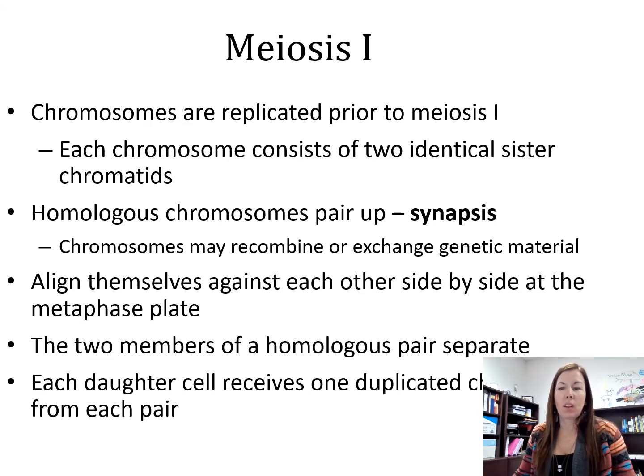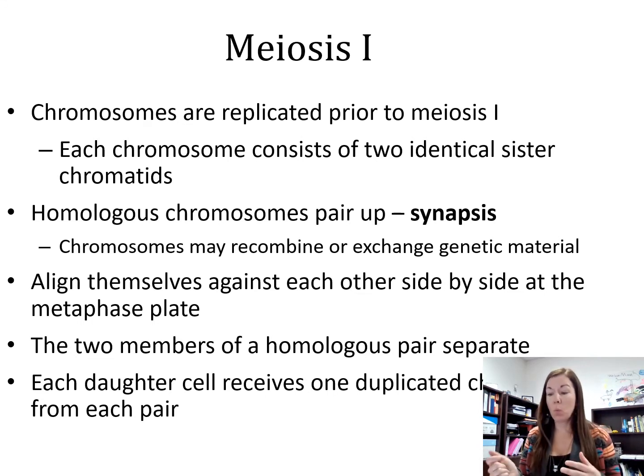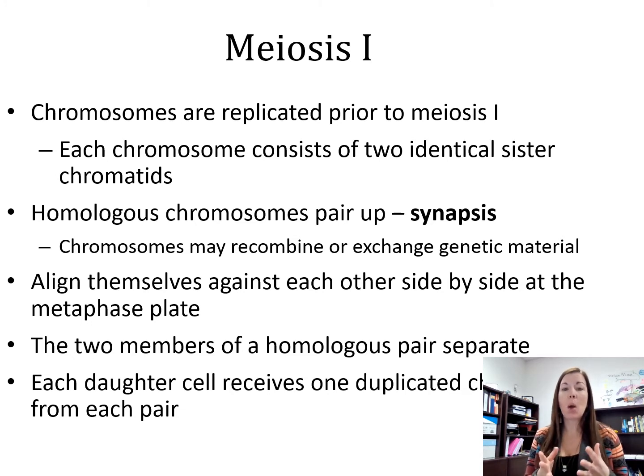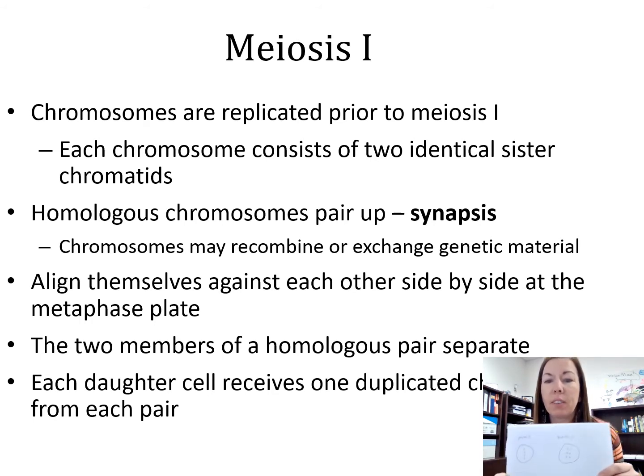This is kind of unique to meiosis 1 in that those homologous chromosomes pair up and line up at the metaphase plate. Like we see chromosomes line up at the metaphase plate in mitosis, but we're not seeing homologous pairs line up at the metaphase plate. So it looks a little different.